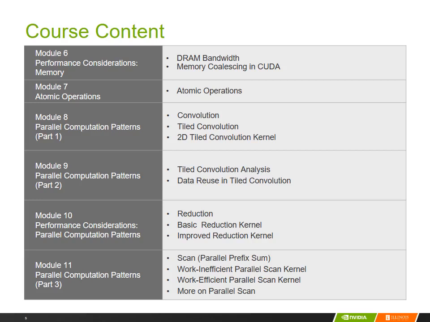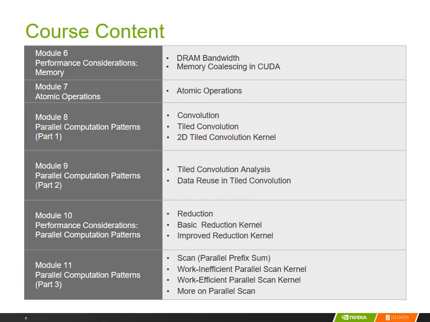And Module 9 is where we analyze tiled convolution algorithms, and especially focusing on the analysis of data reuse efficiency in these tiled algorithms. Module 10 is concerned about the performance considerations in reduction trees.